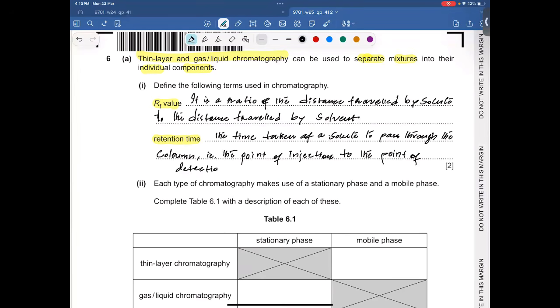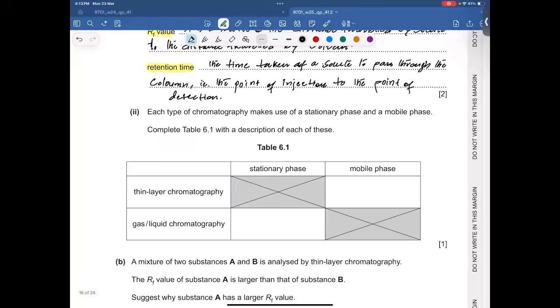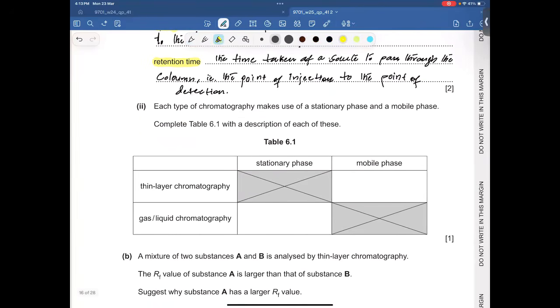Okay. Each chromatography makes use of a stationary phase and a mobile phase. In thin layer chromatography, the mobile phase is going to be any liquid. It could be ethanol or it could be water. And both ethanol and water are polar solvents. So you can write polar solvent.